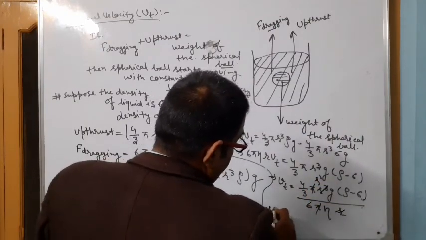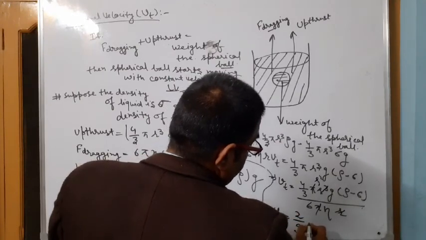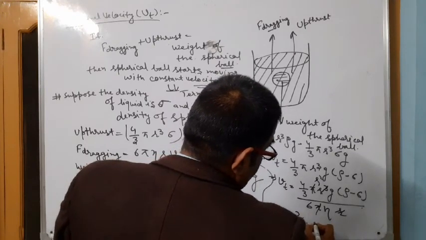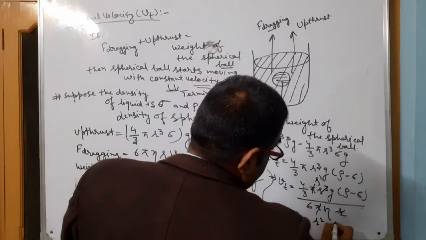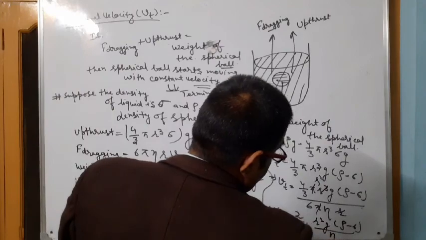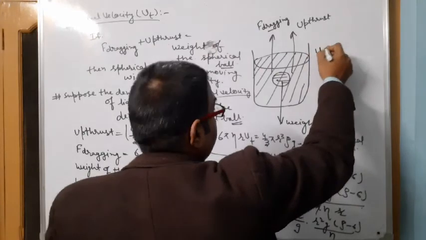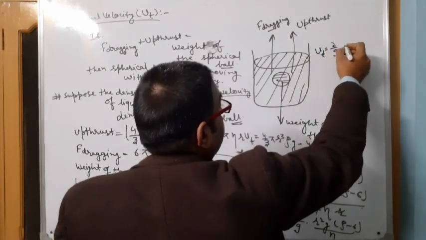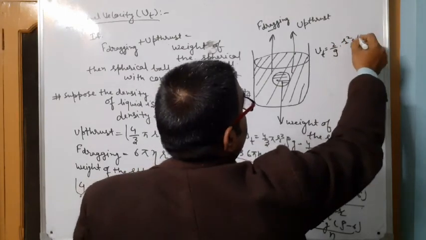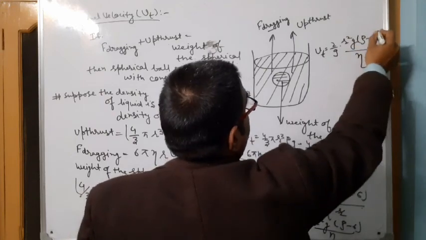So Vt is equal to 2 by 9 into r square g (rho minus sigma) upon eta. So terminal velocity can be given as 2 by 9 r square g (rho minus sigma) upon eta.